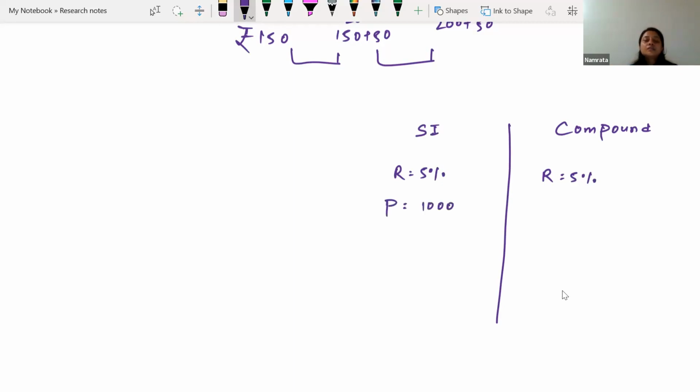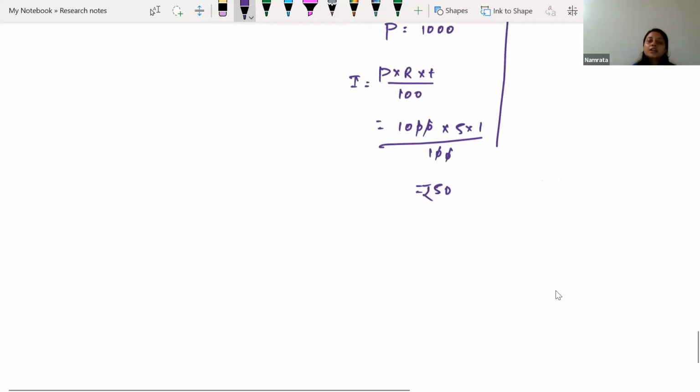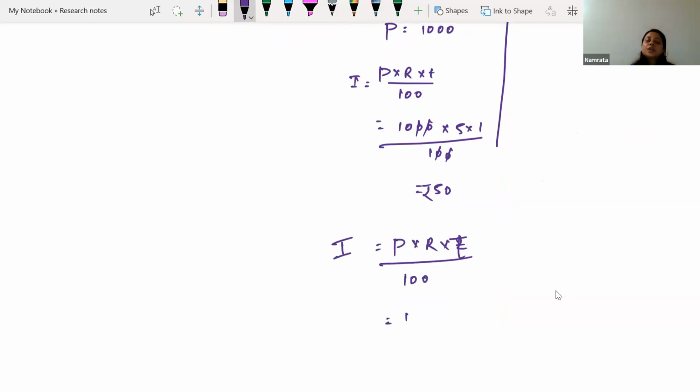For 1 year it will be P into R into T by 100, that is the interest formula, and that gives 1,000 into 5 into 1 by 100. That means 50 rupees. If you find it for 2 years, the interest will again be P into R into T by 100, so 1,000 into 5 into 2 divided by 100.